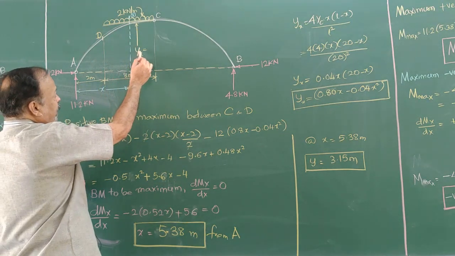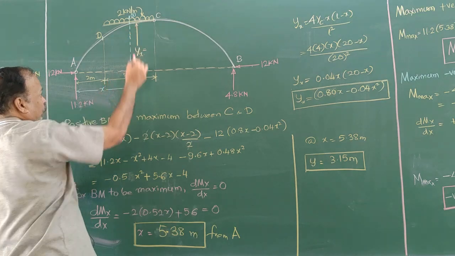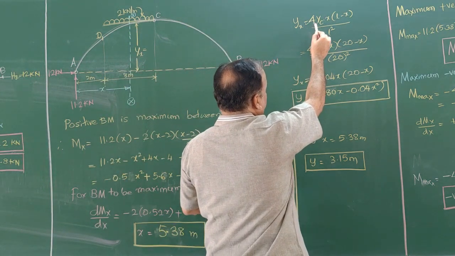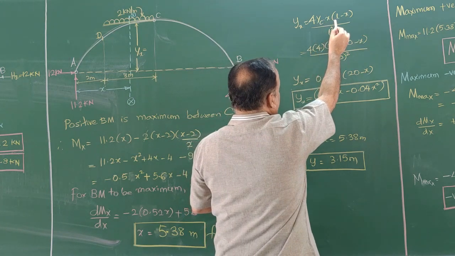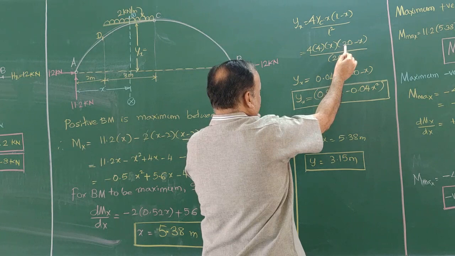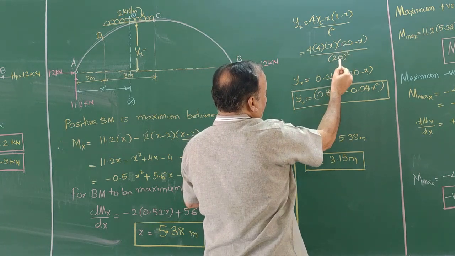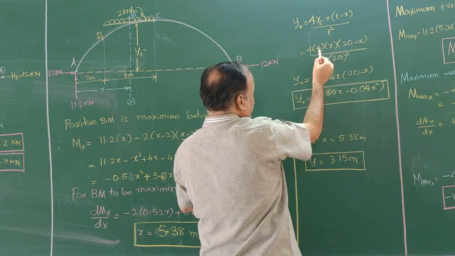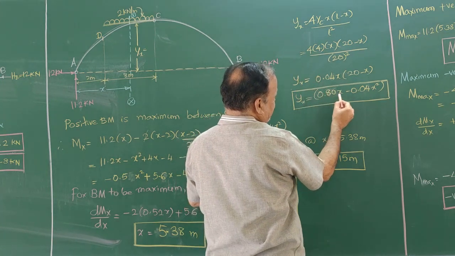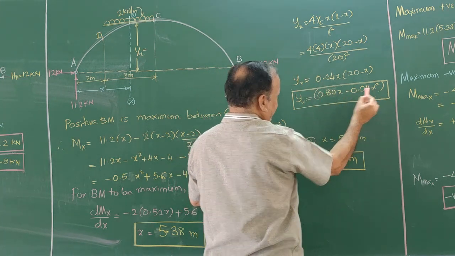We are required to find y at that point. For y, we can write the parabola equation 4 yc x into (L minus x) divided by L square, where L is equal to 20 and yc is equal to 4, that is the central rise.